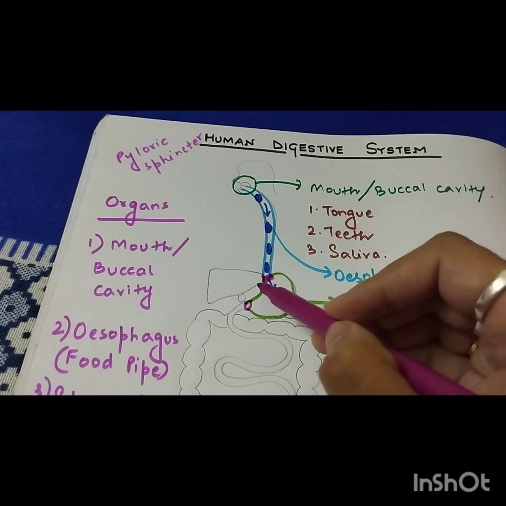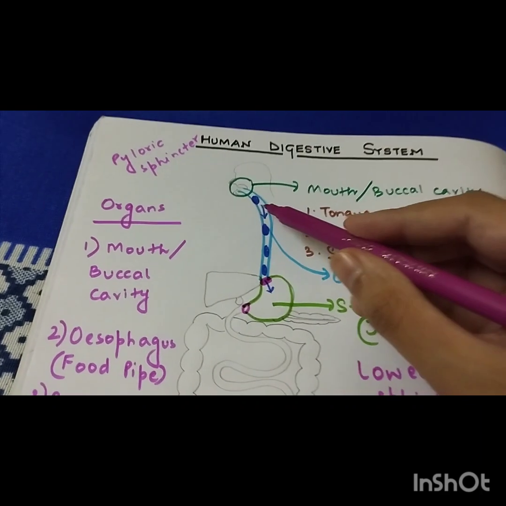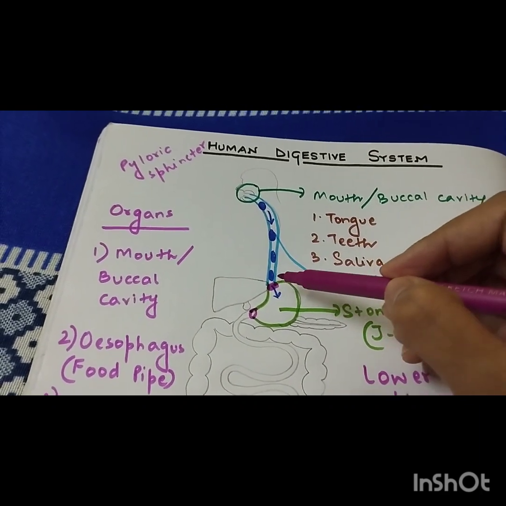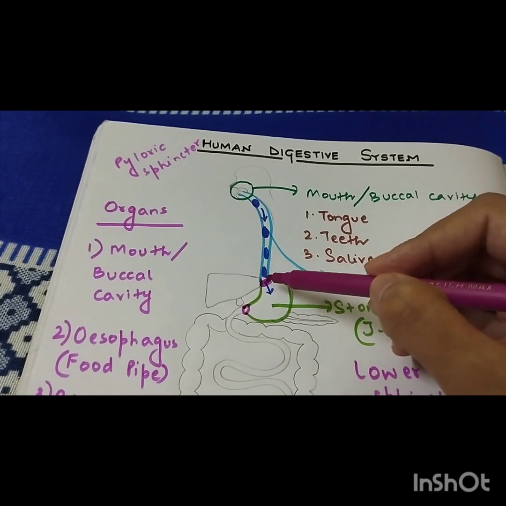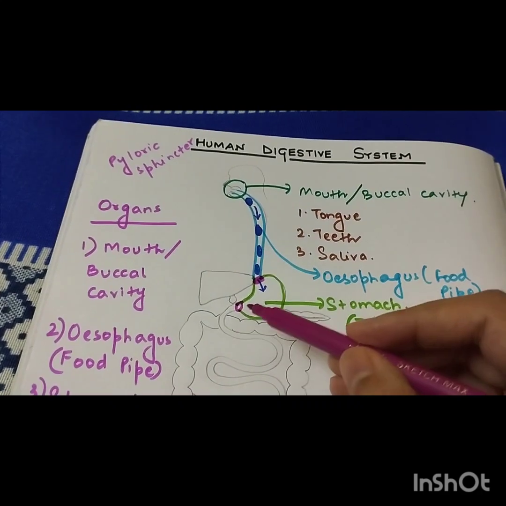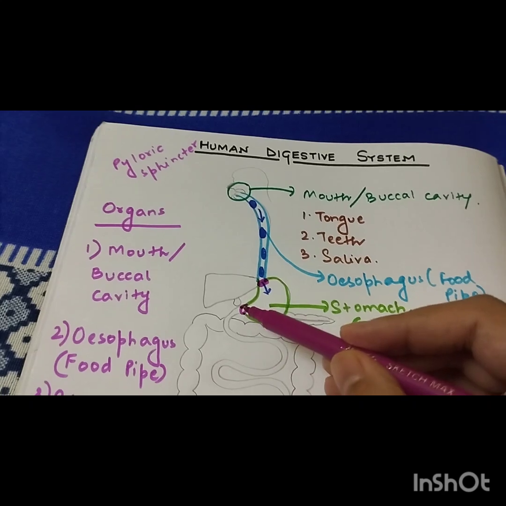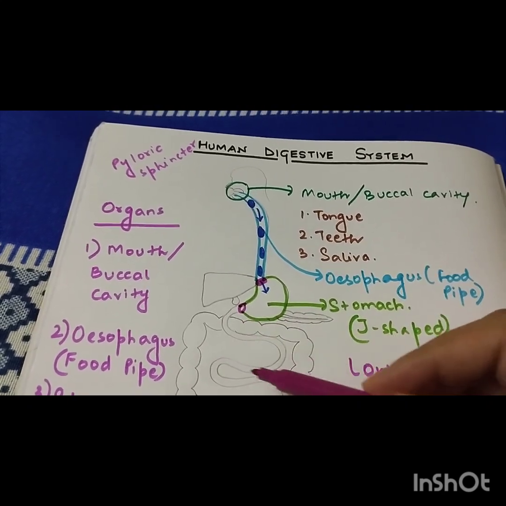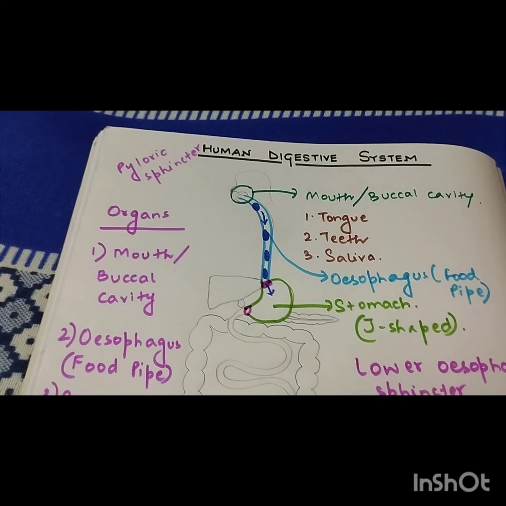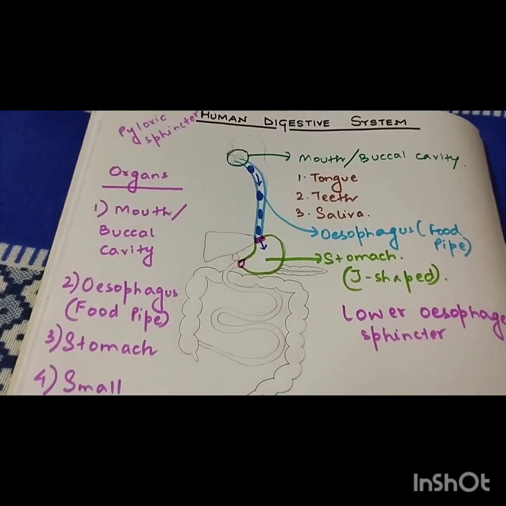The lower esophageal sphincter opens when the food is coming down the esophagus, allowing the food to gather inside the stomach. And when the pyloric sphincter opens, the food from the stomach is directed into the next part, which is the small intestine. Now we'll be discussing the parts of the small intestine.